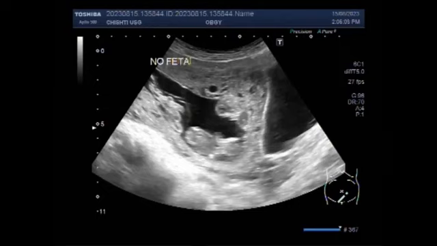Again, you can see the urinary bladder, hydatidiform mole, and the fetus in the gestation sac. So no fetal movements, there is no fetal blood flow, and no fetal cardiac activity is seen.